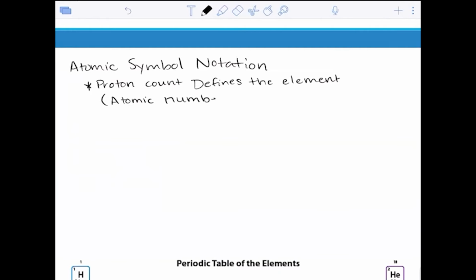We're going to have a couple of definitions here as we get through understanding how we write out elements in our shorthand way. Atomic number, or even abbreviated Z, could be referred to as the nuclear charge. We do know that in the nucleus we have protons and neutrons.